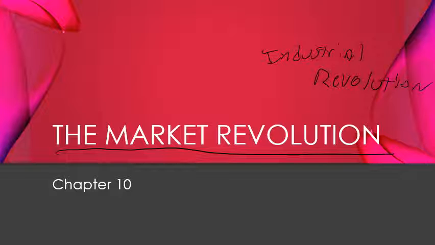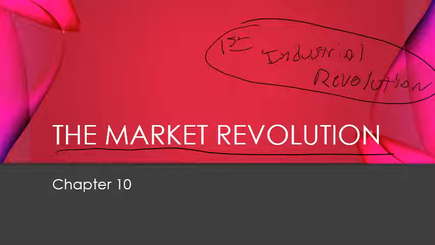In the first industrial revolution, while it does have some impacts in the United States, its biggest impact is in Europe. The second industrial revolution, which we focus on in chapter 17, is primarily taking place in the United States. It's the second industrial revolution that makes the United States what it is today, the industrial power it is today.